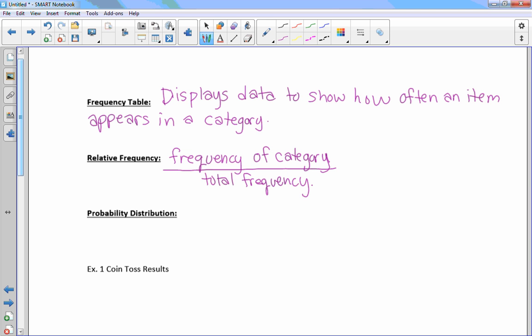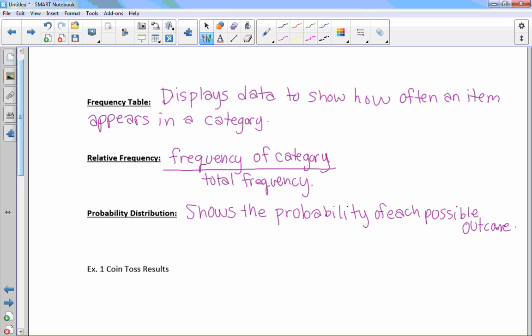And the probability distribution shows the probability of each possible outcome. And this is all displayed on one nice table, easy to read.